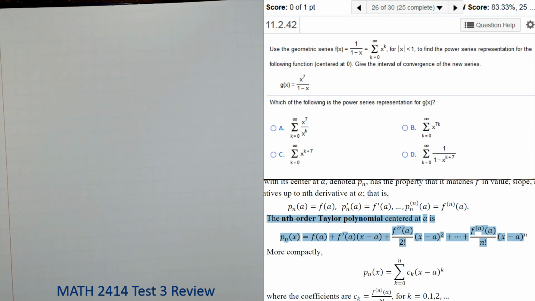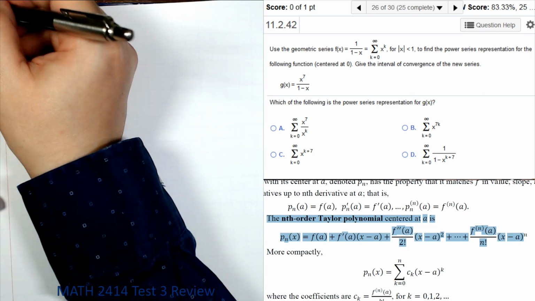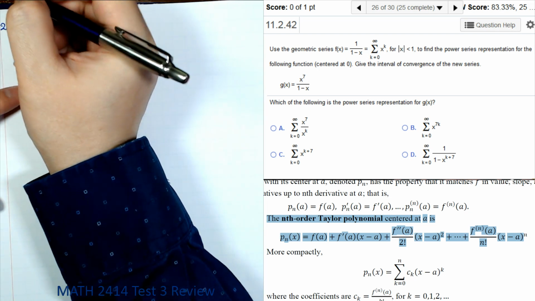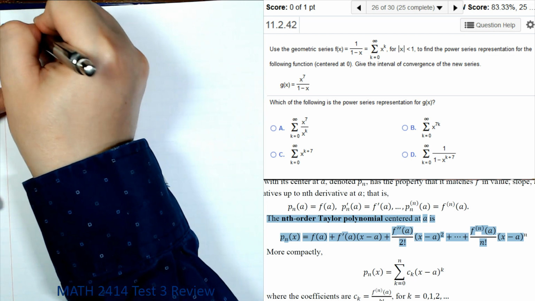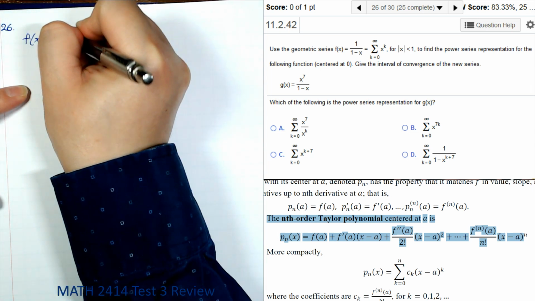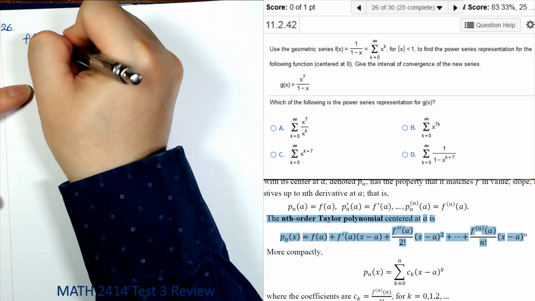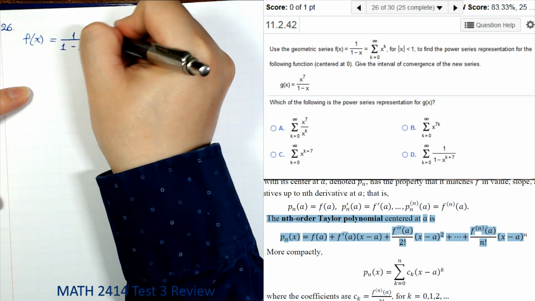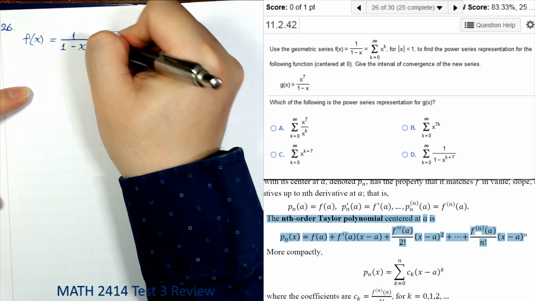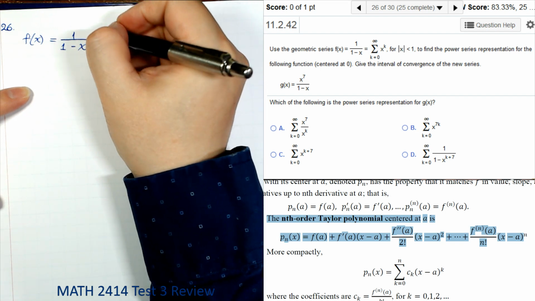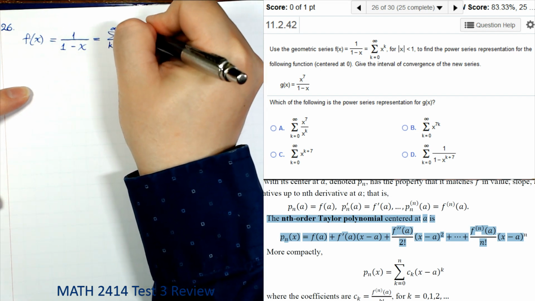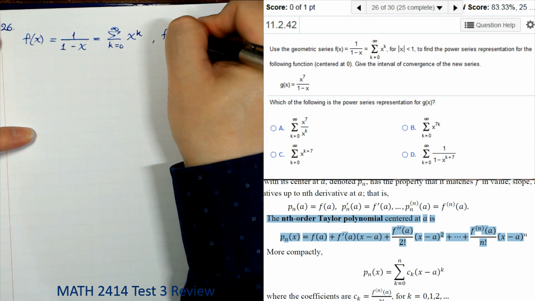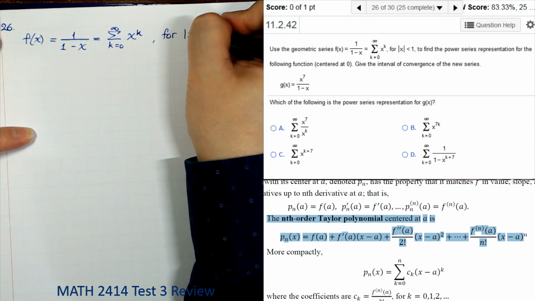Use the geometric series to find a power series representation for that. So this is 26. We have 1 over 1 minus x is equal to the geometric series, the sum of x to the k, for absolute values of x less than 1.